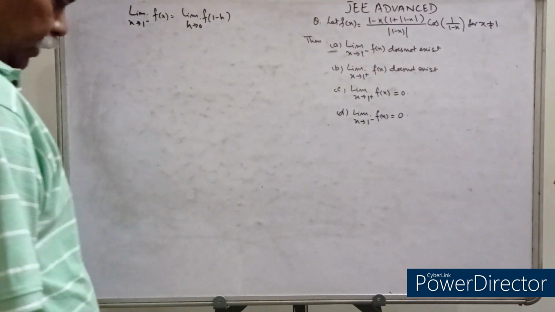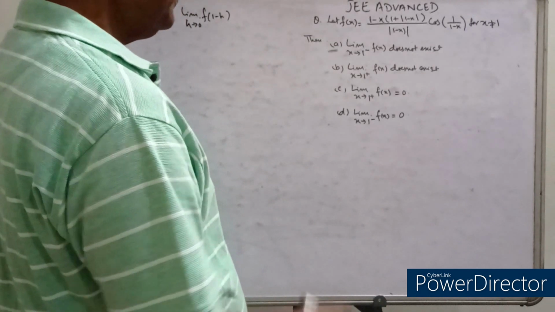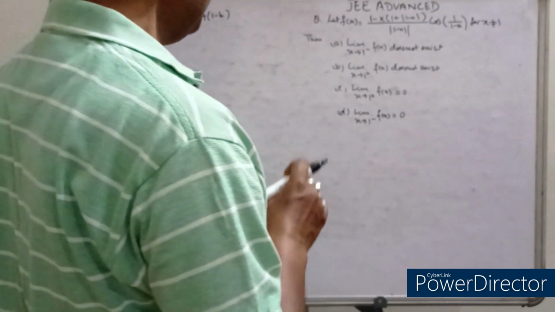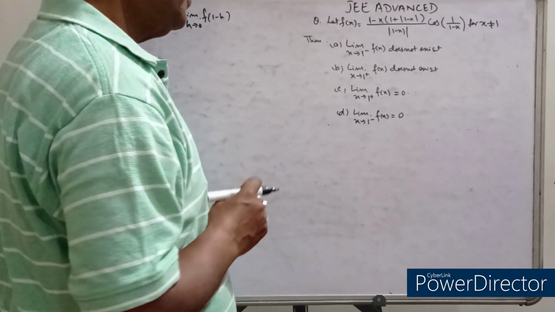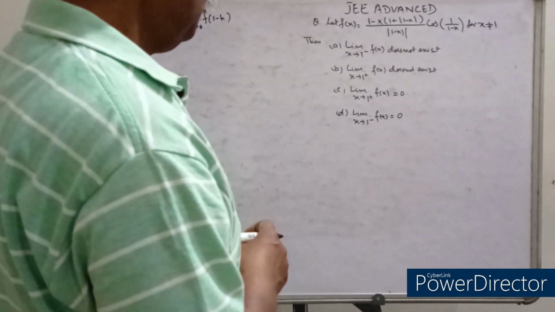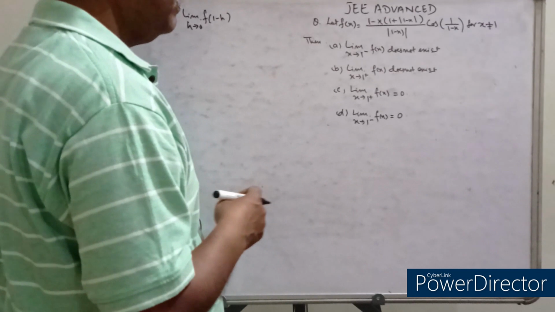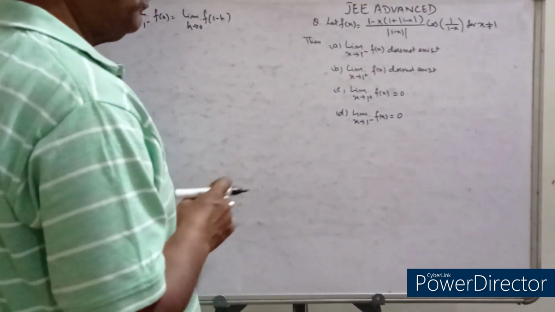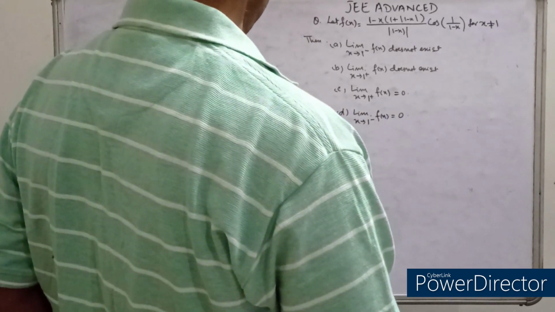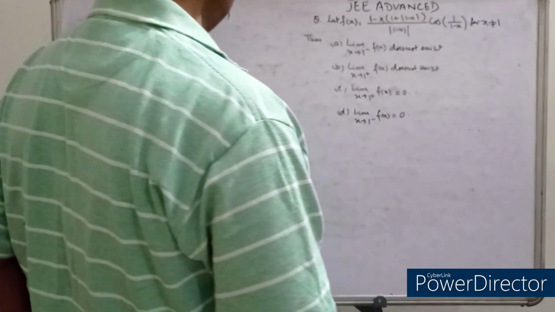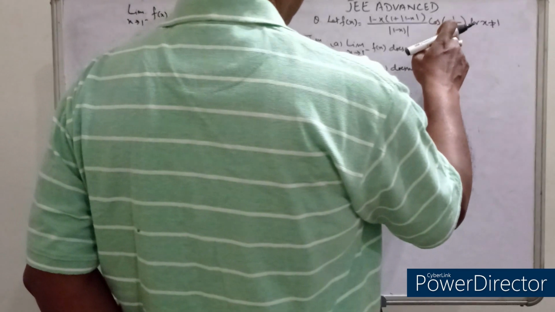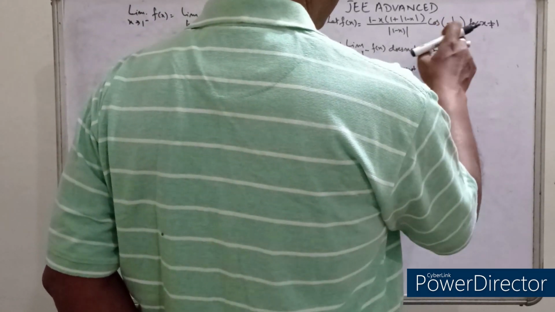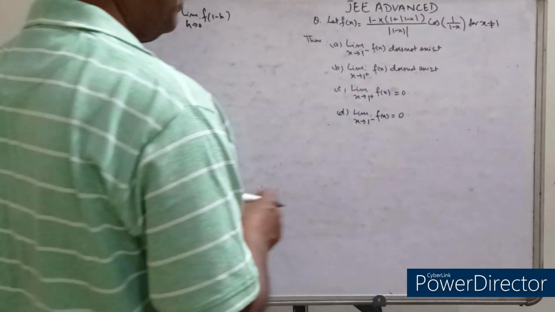Now see here, this is an easy question, but you have to make a small decision. The problem here is not the cos, cos is okay. The problem is this 1 by 1 minus x.